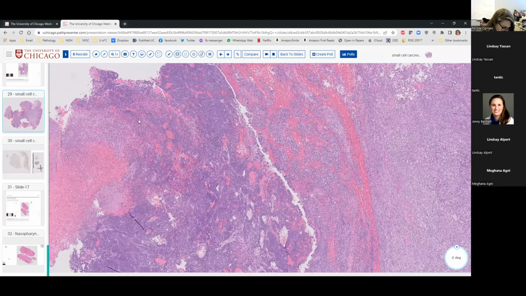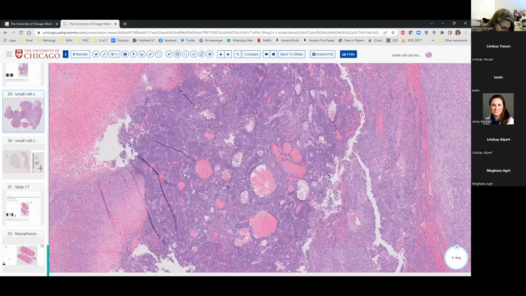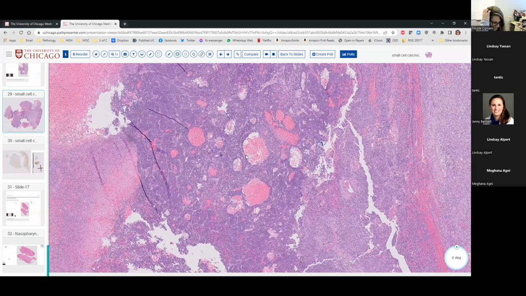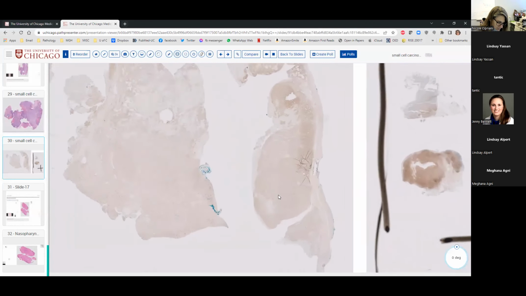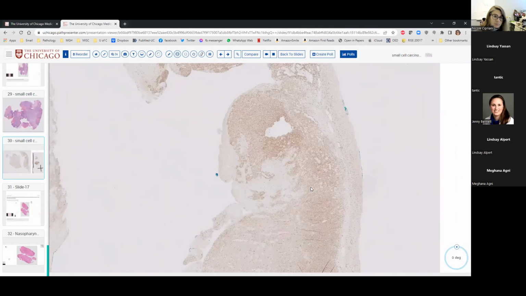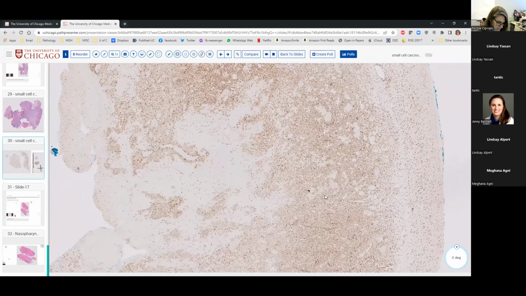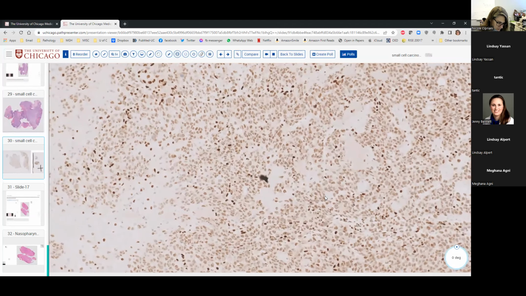The diagnosis for this case was small cell carcinoma of hypercalcemic type. The additional question I asked was, what immunostain would clinch the diagnosis? This next one is SMARCA4 or BRG1. In small cell carcinoma of hypercalcemic type, there should be loss or decreased expression.